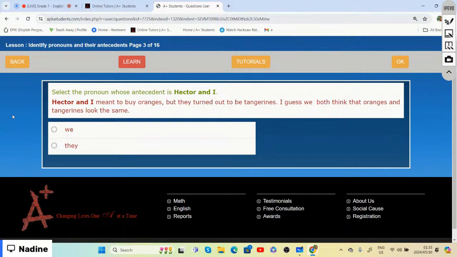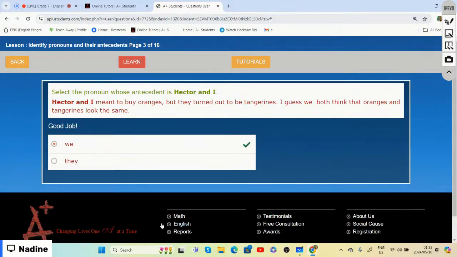All right, and if we select the correct pronoun, it is we, because I guess we, which is Hector and I, thought or think that oranges and tangerines look the same.